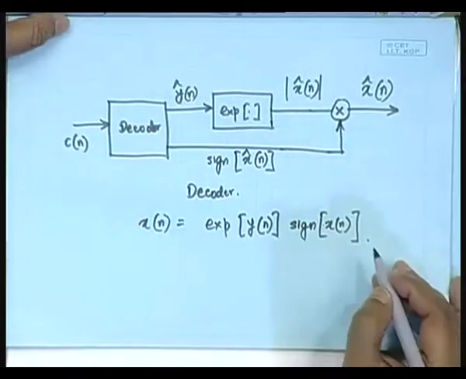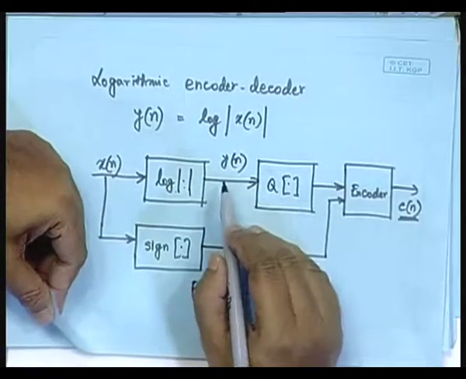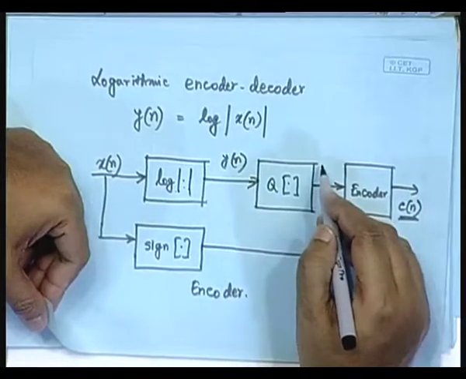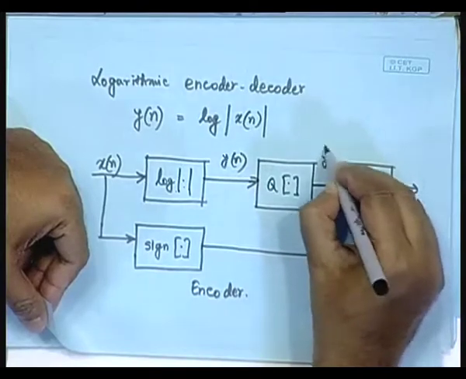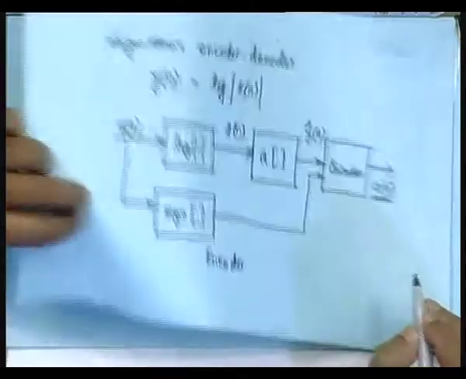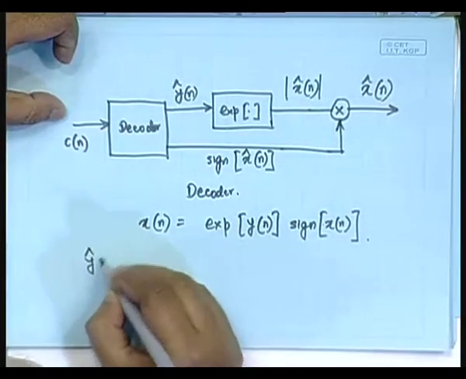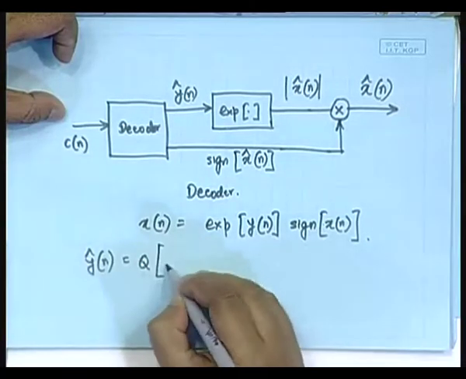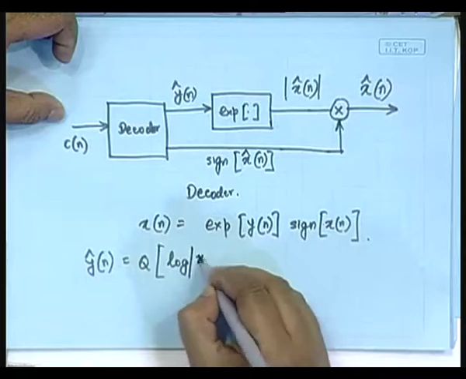And we can write from the encoder side, the encoder has got in fact here y n, and then after the quantization of y n, here we are going to have y cap of n. And in fact, y cap of n we can therefore write as the quantized value of log mod x of n.